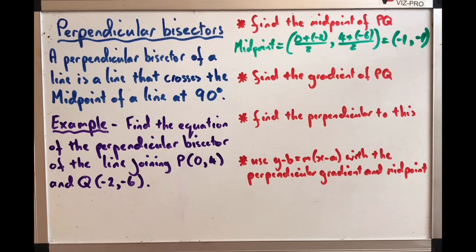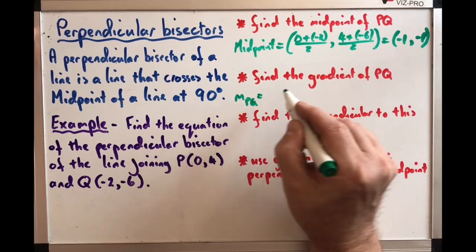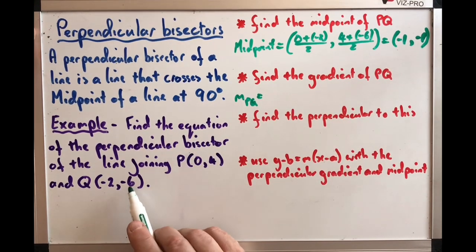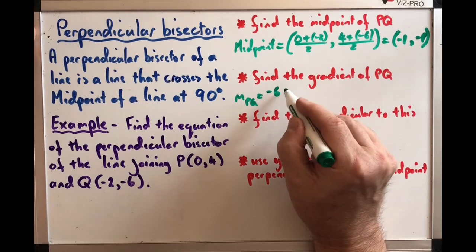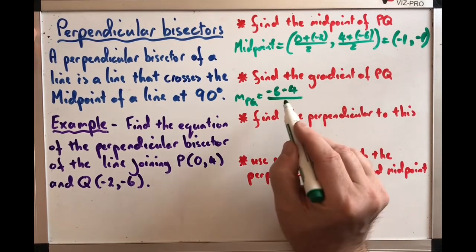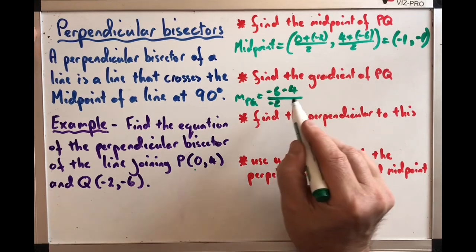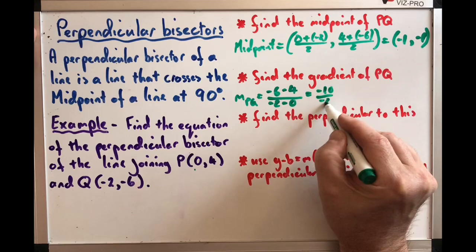The next thing we're going to have to do is work out the gradient of this perpendicular bisector. But before we can do that, we have to work out the gradient of PQ. So the gradient of PQ, remember, that's going to be y2 minus y1, so -6 minus 4, over -2 take away 0. If you work that out, that's -10 over -2.